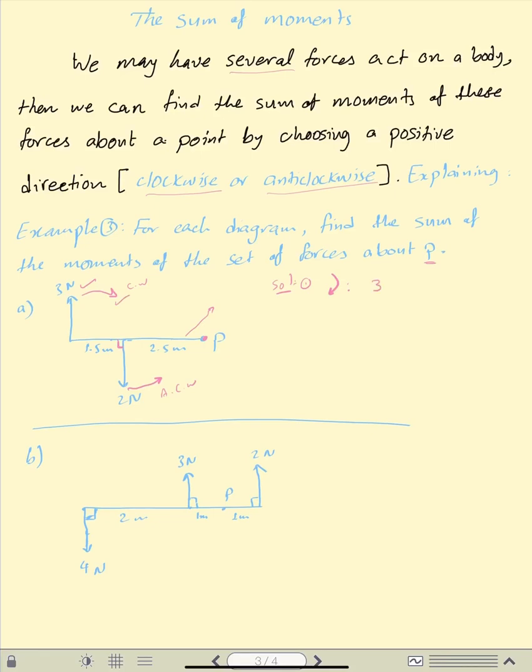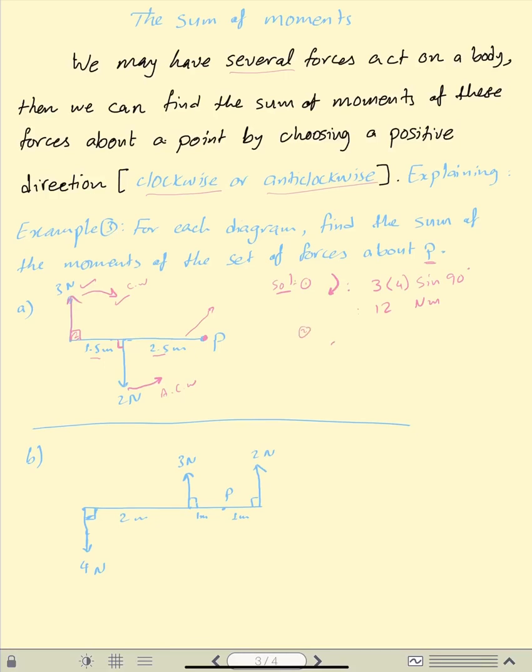What's the distance between the force 3 Newtons and the point P? 1.5 plus 2.5 meters, 4 meters. Sine 90. So we have 12 Newton meters. So the moment in this part is 12 Newton meters clockwise.